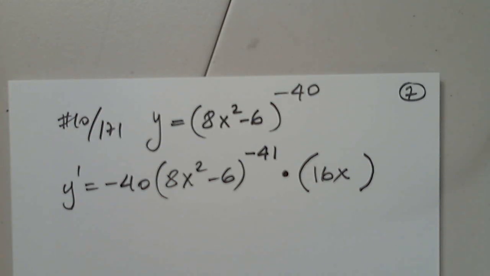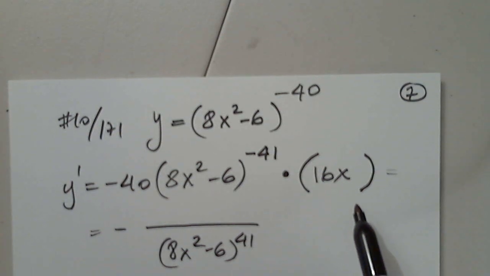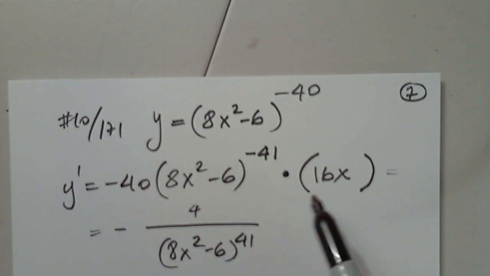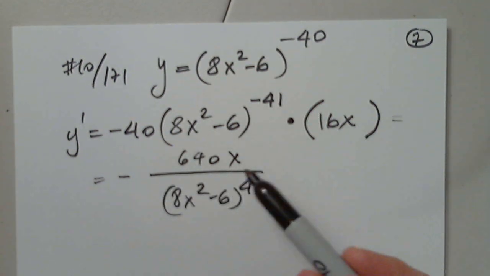Wait, so is that the answer? We just leave it like that? You can further multiply -40 by 16, and that's all you can do. And if you want, you can put this in the denominator, with 16 times -40 and x.